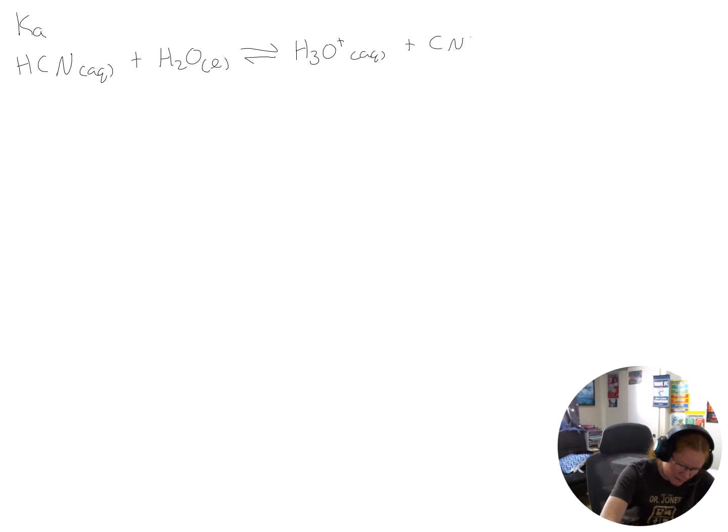Something like hydrocyanic acid, we're going to put it in some water, and it'll dissociate into our hydrogen ions, and since water's present, it'll make H3O+, the hydronium ion, and cyanide anion. And so our Ka, we're going to take the hydronium ion, and that's cyanide, over the acid.